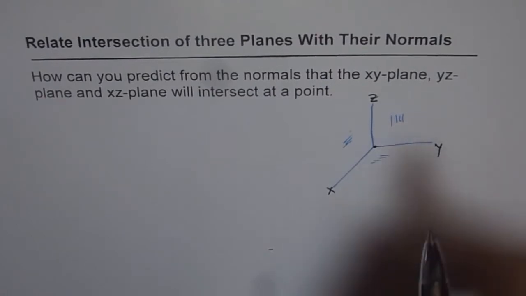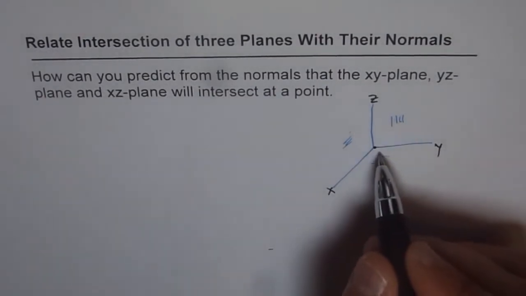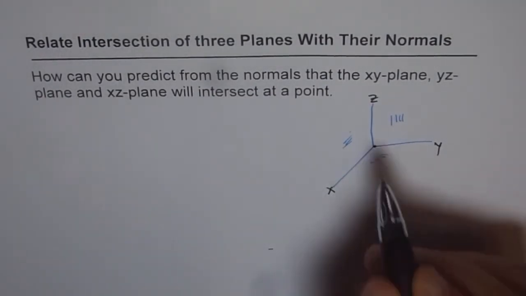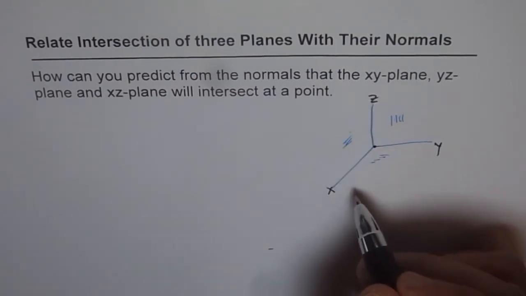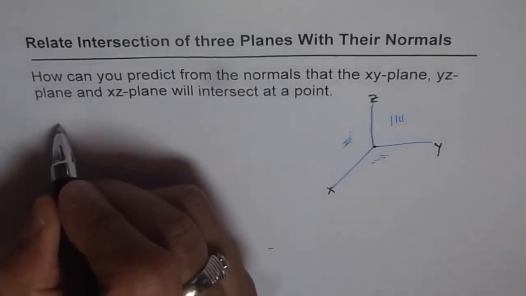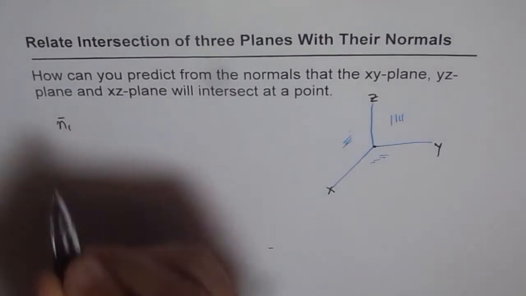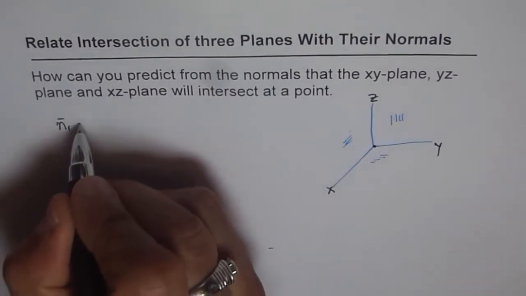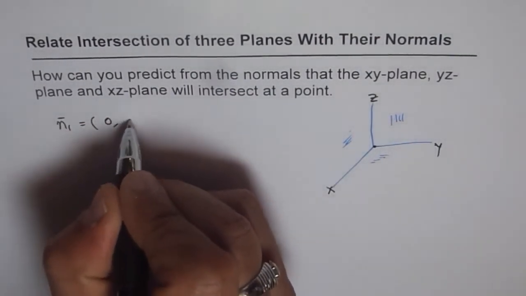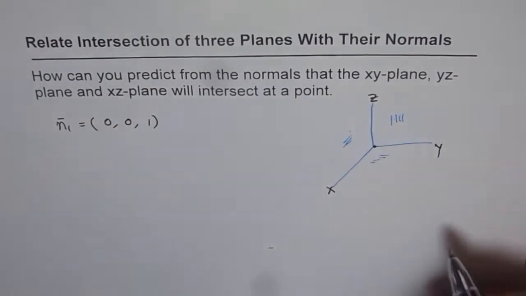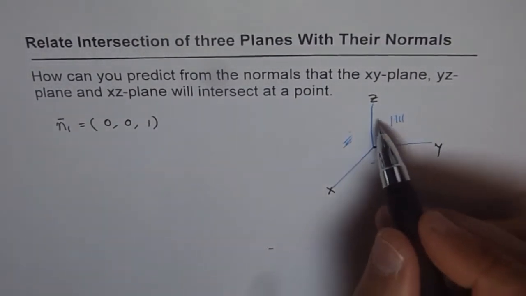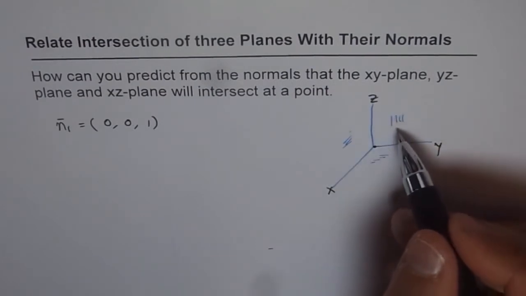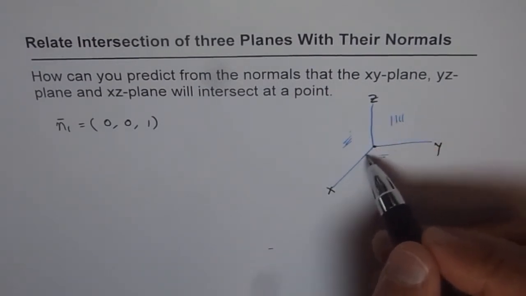So what is the normal for the xy plane? The xy plane normal is shooting out in the direction of z, right? So we can write that normal. We say n1 as the normal to the xy plane. I could write this as 0, 0, 1, correct? And for the yz plane, the normal will be coming out along the x-axis, correct?